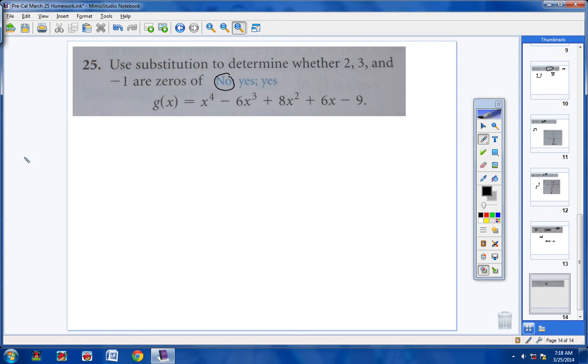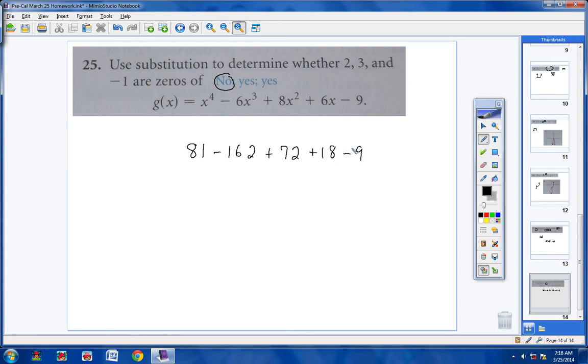All right, let's take a look at substituting 3 in, okay? See if we can do this in our head. 3 to the 4th power is going to be 81. And then 3 to the 3rd power is 27, and I'll use a calculator here. 27 times -6 is -162. And then 3 squared is 9, and 9 times 8 is 72. 6 times 3 is 18. Bring down your -9.